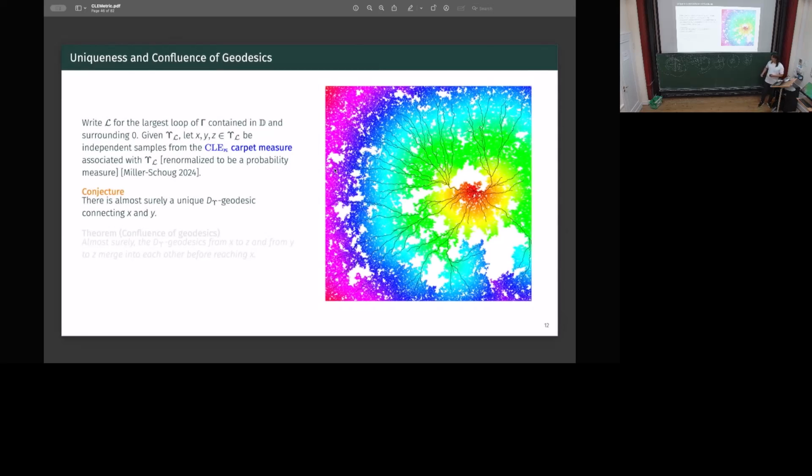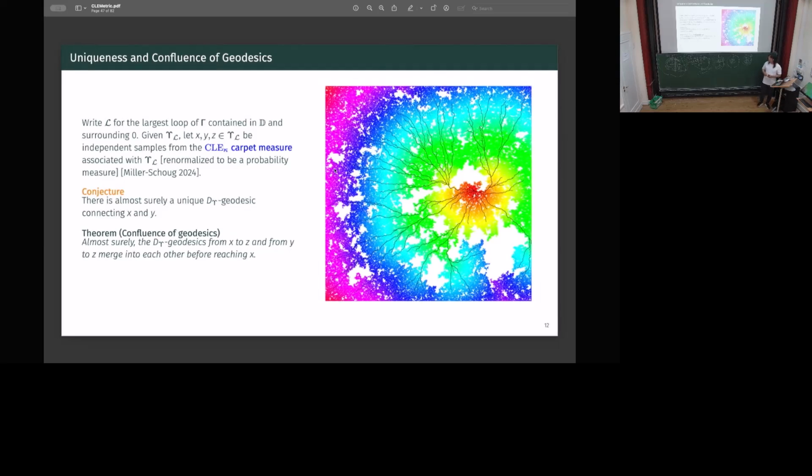And we conjecture that for any two typical points, there exists a unique geodesic connecting x and y. There's a unique geodesic. But be careful, this just means if you sample two points, there is almost surely one geodesic. But almost surely there should be two points that have more than one geodesic. So there's a difference in the order of where you put this almost surely.